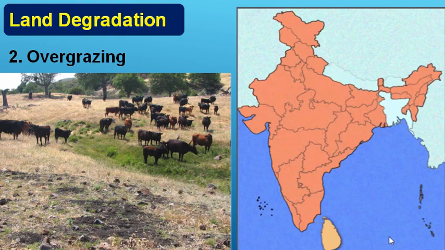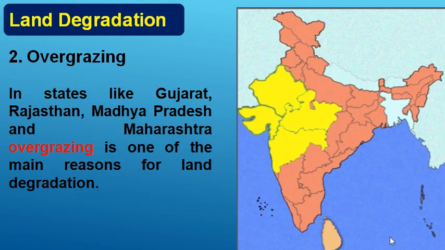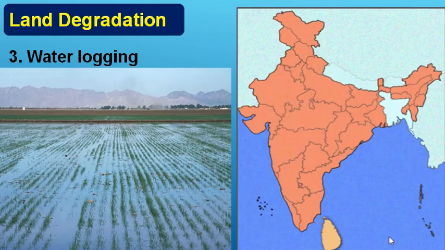That can lead to land degradation. And the states that are affected by it: Gujarat, Maharashtra, Rajasthan and Madhya Pradesh. These are the main states. Then there is land degradation due to overgrazing.